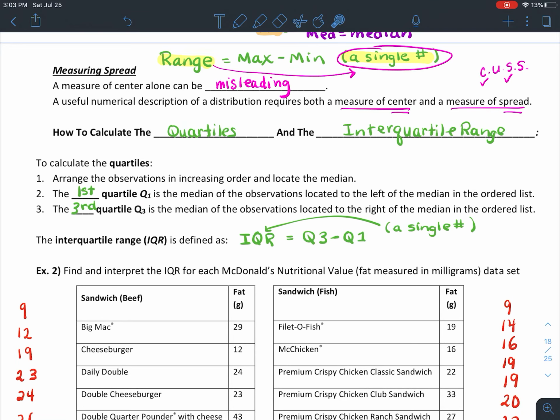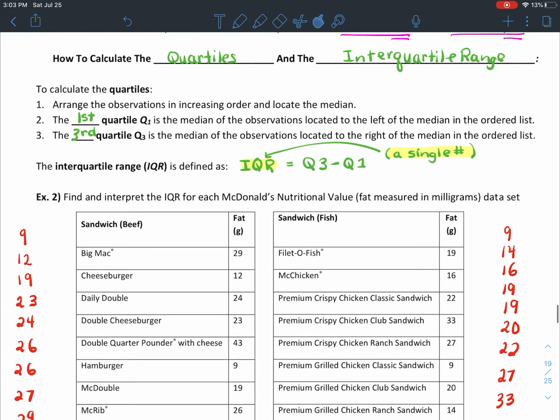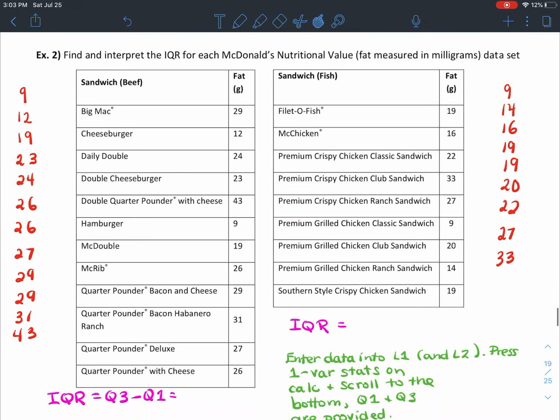The first quartile, known as Q1, is the median of the bottom half of your data, and the third quartile, known as Q3, is the middle of the upper half of the data. And the interquartile range is the range, or the difference, the spread between Q3 and Q1. Again, it is a single number.